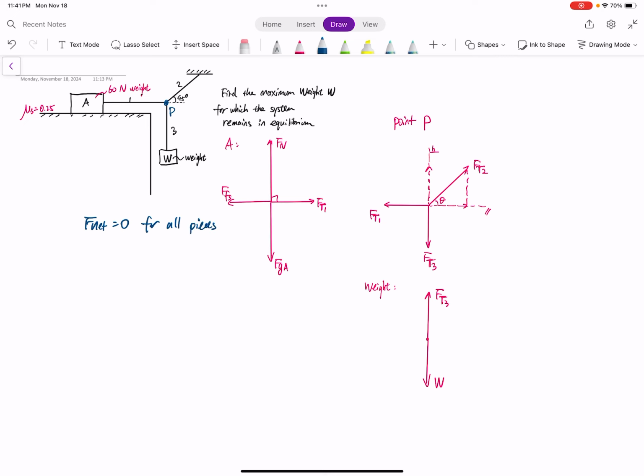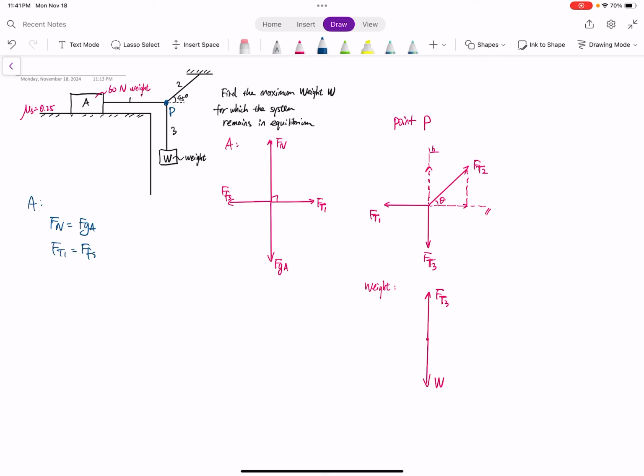So let's start from the block A. Remember, up equal to down, left equal to right. So Fn equal to Fga, and then the Ft1 also equal to the static friction.